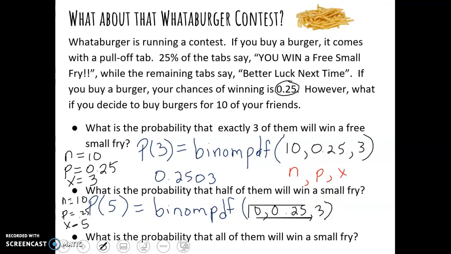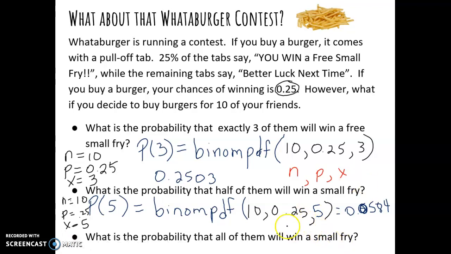Sorry, that last number should be 5 because we're doing half. If you do 2nd VARS and put in 10, 0.25, and 5, you should get 0.0584. So basically, that's a little over a 5% chance that 5 people would win a small fry.